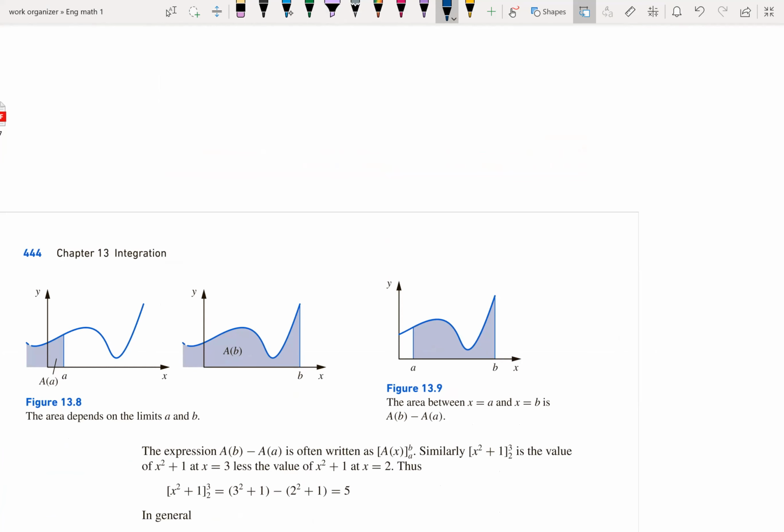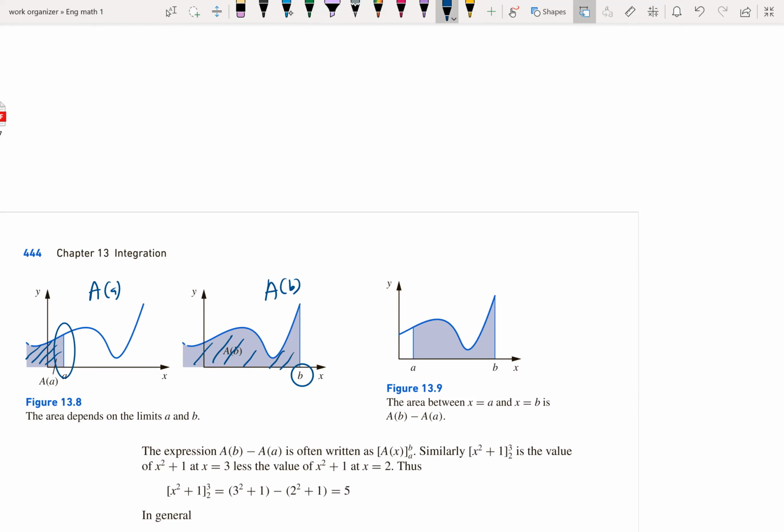The limit here is a, and the limit here is b.